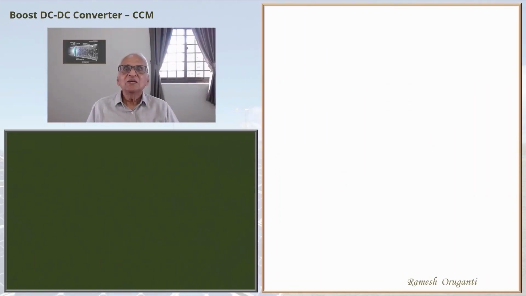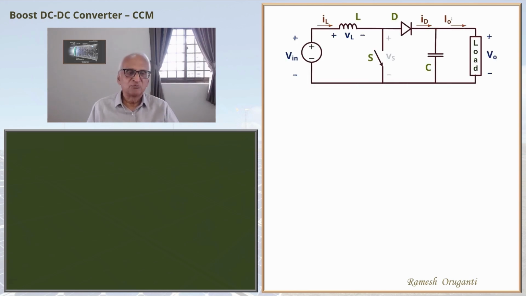Next, we will see the basic operation of the boost converter under continuous conduction mode. This is the boost converter. Now, consider a situation where the boost converter is connected and the switch is not switched on at all. Even then, notice that there is a path for current flow. The source, the inductor, the diode, the capacitor, and the load are all connected together.